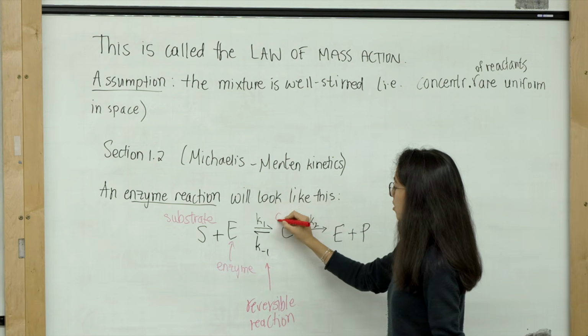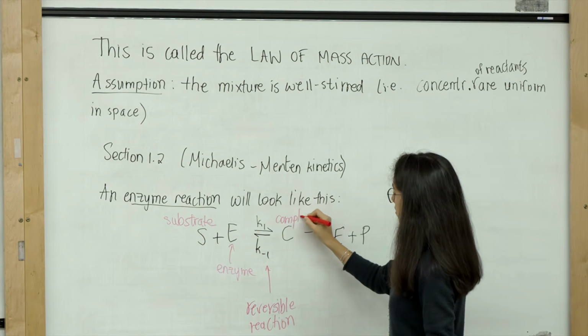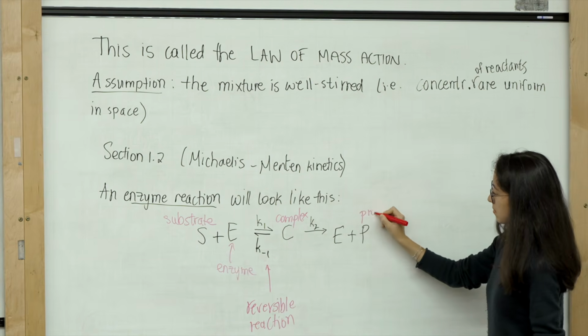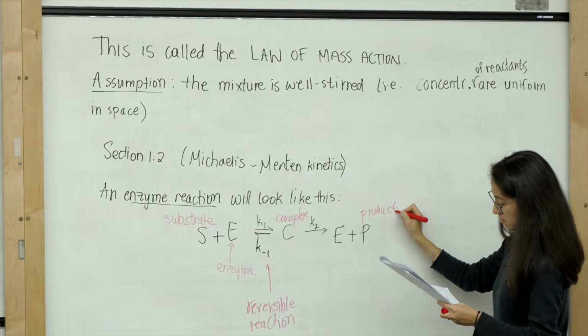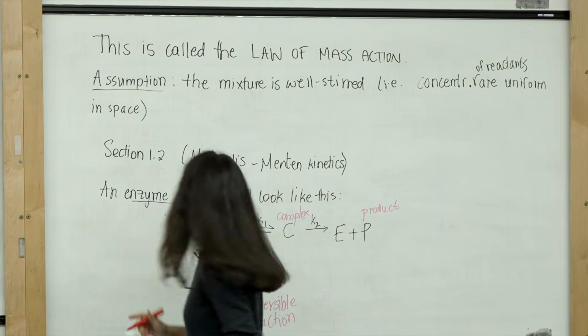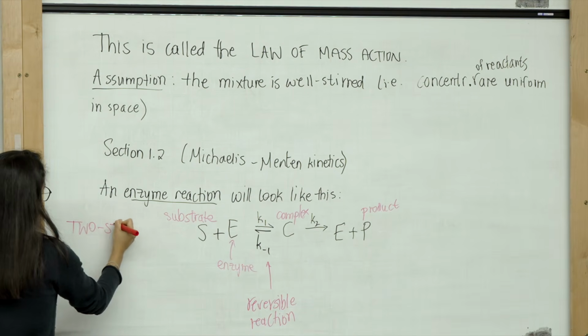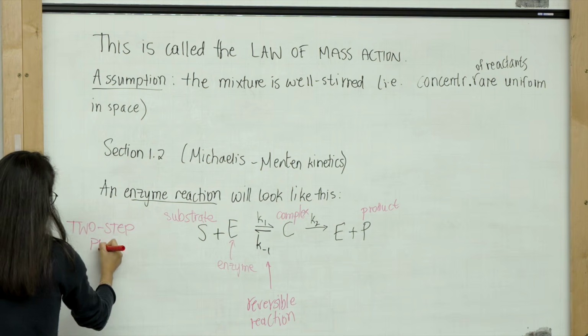This thing is called the complex. And this final is the product. So it's basically, I should write here, a two-step process.